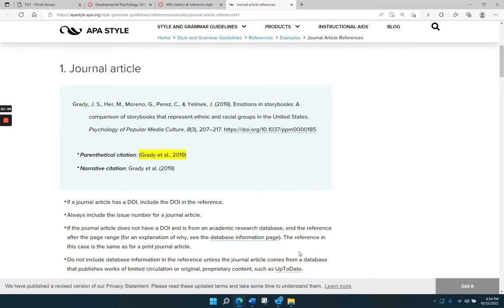So remember, I want you to put the authors in parentheses, so that's one way to make sure that you're making the paper your own and not making it a book report about the articles. So if there's 3 or more authors, all you do is list the first author's last name, et al., and then the year of publication. So that's a nice little reference.